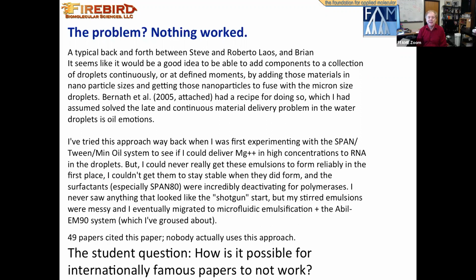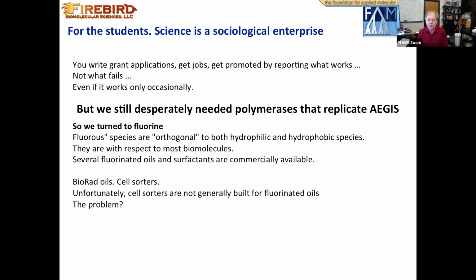But this prompts what we call the student question. The students always want to know the answer to how is it possible for internationally famous papers and professors to get tenure and promotion, all these other things, for papers that don't work? Well, the answer to that is that science is a sociological enterprise.